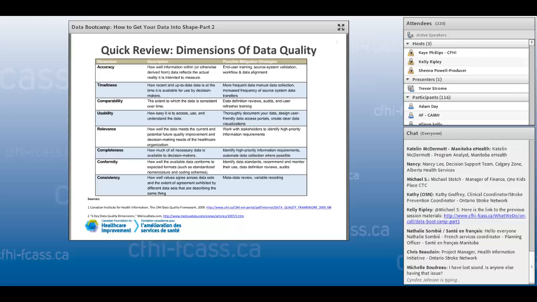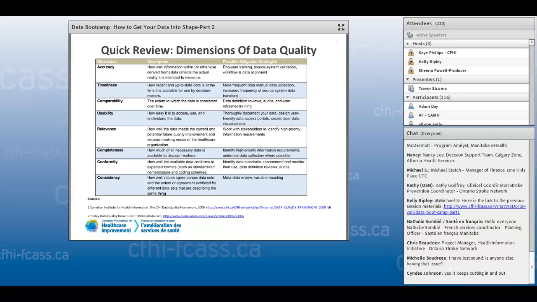And this slide really is here to remind us that there are many dimensions of data quality, that data quality isn't something that is purely black or white, right or wrong.